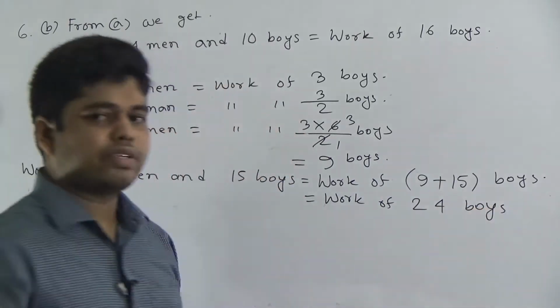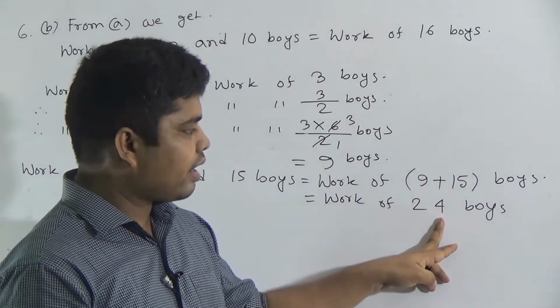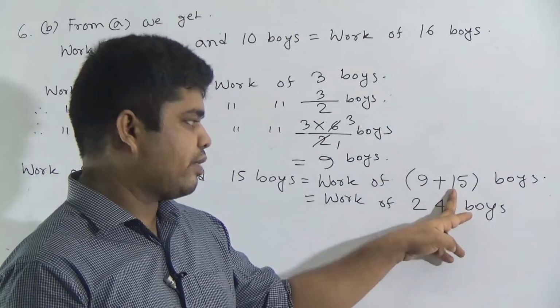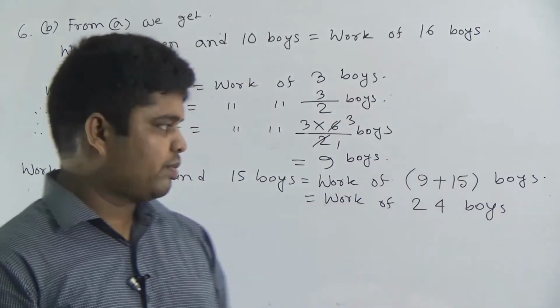Why? At first we add 9 with 5, then we get 14, and carrying on, that one is added with this one and it will be 2. So the work of 24 boys. I hope you have understood.